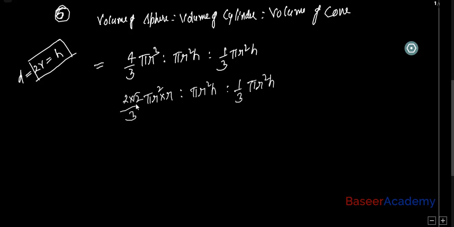I wanted to make this 2r, and in place of this 2r I wanted to substitute h. That's the reason I have written it in this way. So what's remaining here? 2 by 3 is remaining, pi r square is remaining, and this 2r, in place of 2r I can write h, right? Because it is given the diameter of the sphere is equal to the height of the cone and the cylinder.